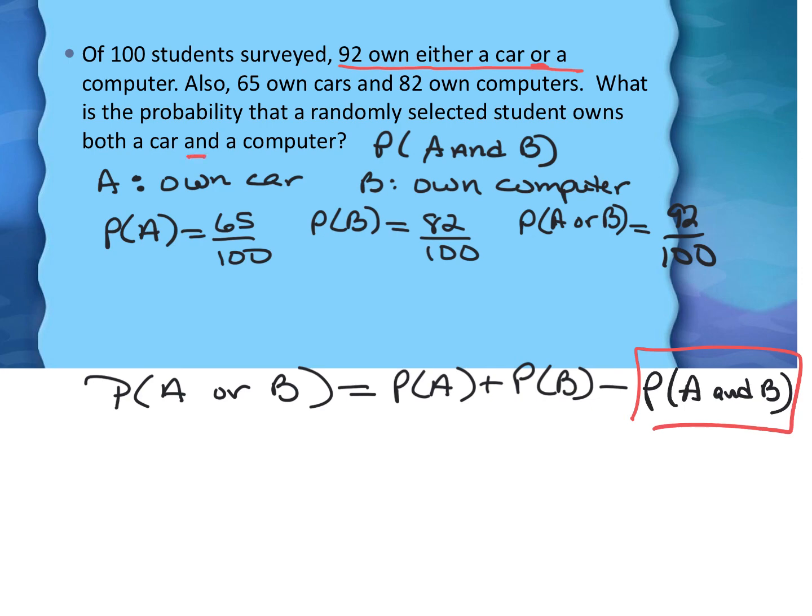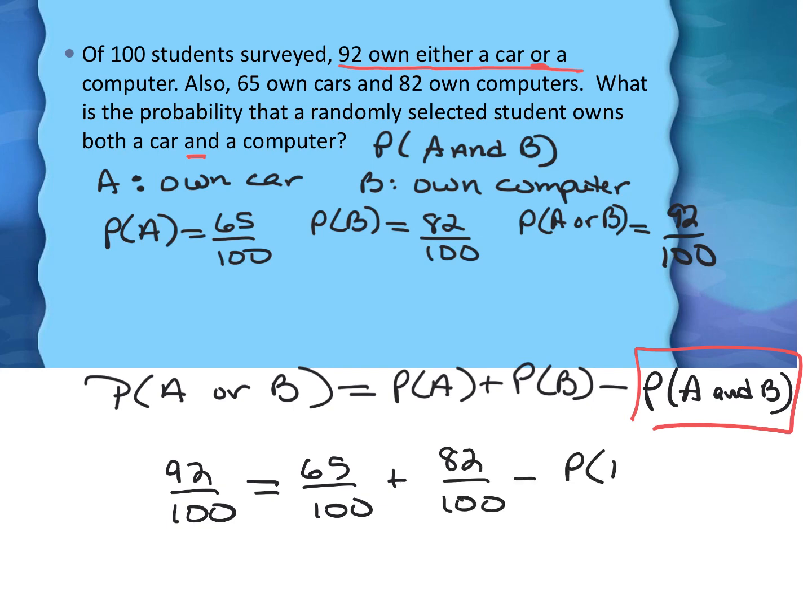So I'm going to solve for A and B. Let me try to get that probability all by itself. What I could do is move this to the other side. Let me fill in my numbers first. I know the probability of A or B is 92 over 100, the probability of A is 65 over 100, the probability of event B is 82 over 100, and I don't know this probability. This is what I'm solving for.